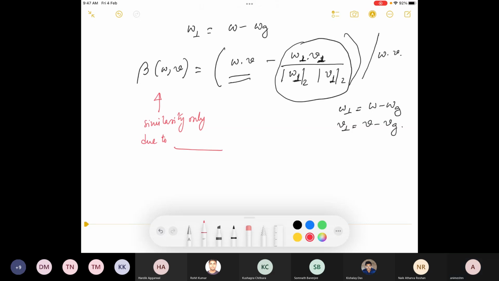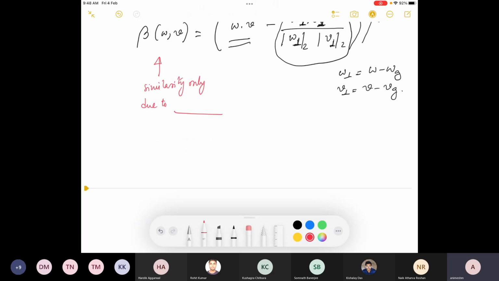What is the residue? The gendered part is the residue, right? So whatever similarity now could be between W and V should be just because of the gendered part, because you have removed the non-gendered part from it. So whatever value beta takes up, that should be because of the similarity due to the gendered part. Okay, so the similarity is only due to the gendered part.